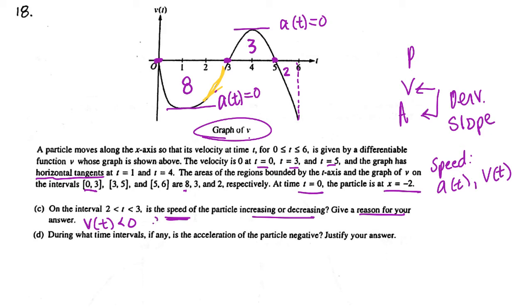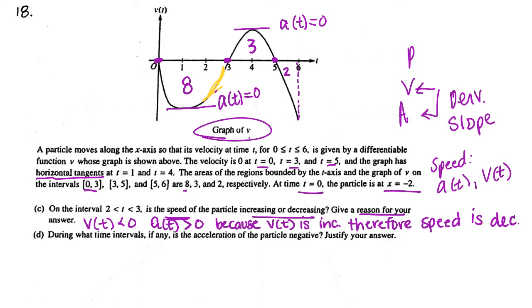I know that a at t, however, is positive because v at t is increasing. So therefore, speed is decreasing, as again, we have different signs.